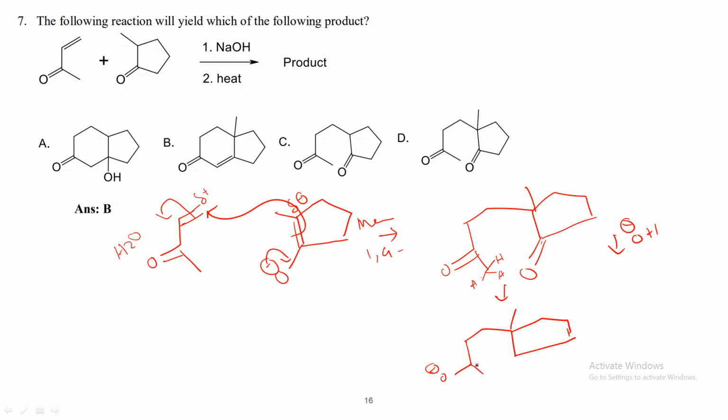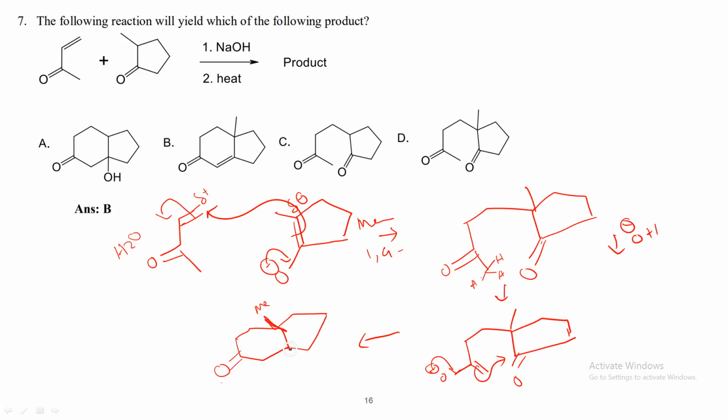So particular this atom. So here we have generated 6 5 fused ring. Here one methyl.